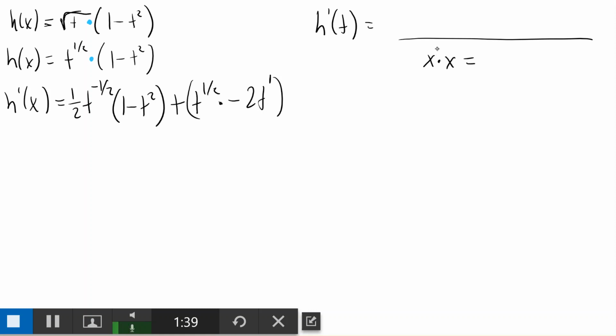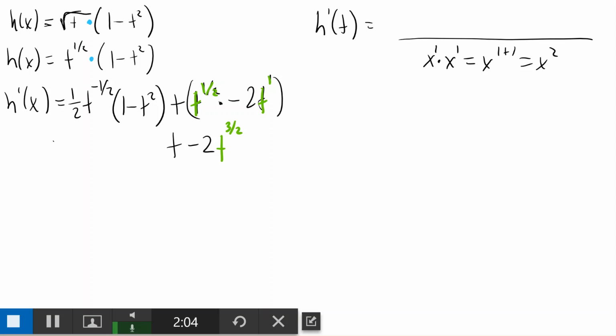If you multiply things with the same base, we add the exponents, so same here. T to the 1/2 times t to the first would be t to the 1 plus 1/2, which would be t to the 3/2.